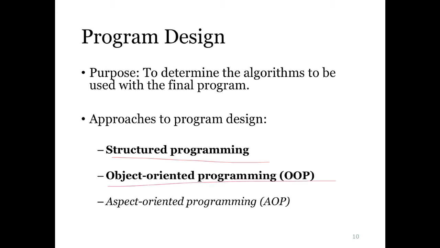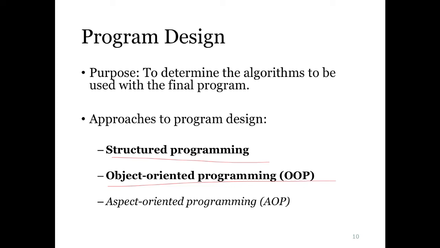The other is to view the code or the design as individual objects interacting with each other. So there are two different flavors of programming, and there are other programming paradigms, including aspect-oriented programming.